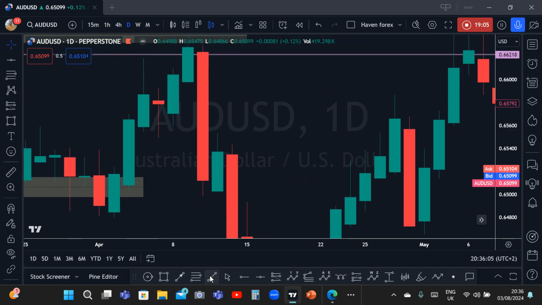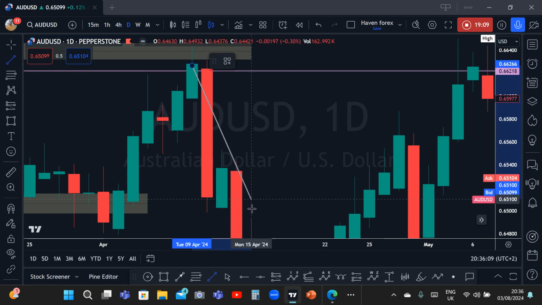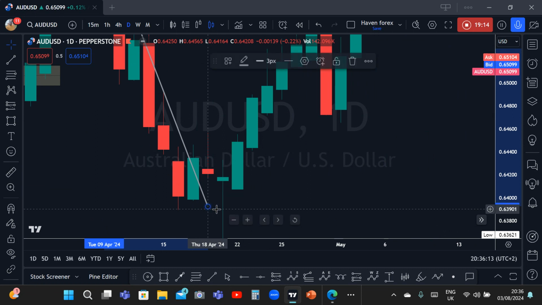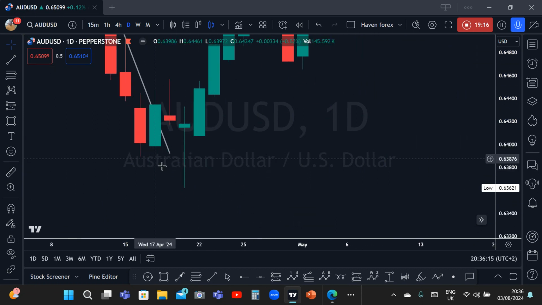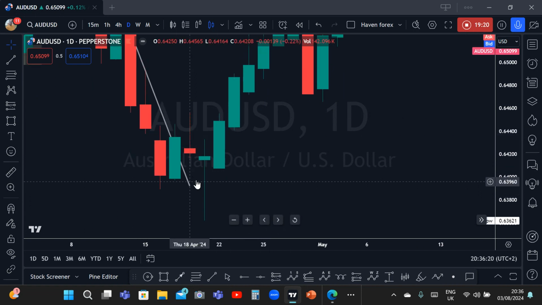Up to this level is bearish. As soon as this pin bar appears, you wait for this pin bar to finish printing. Don't just rush. Let the next candle also finish printing.